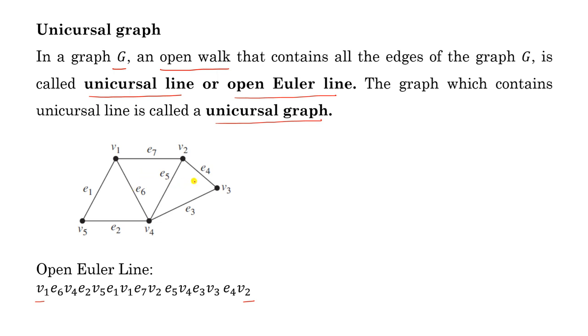There is a condition for a graph to be a unicursal graph: there must be exactly two vertices of odd degree. Here the vertices V1 and V2 are of odd degree. That's why there exists an open Euler line and the graph is a unicursal graph.